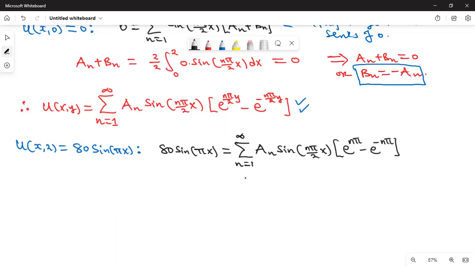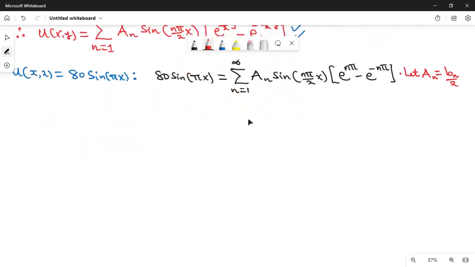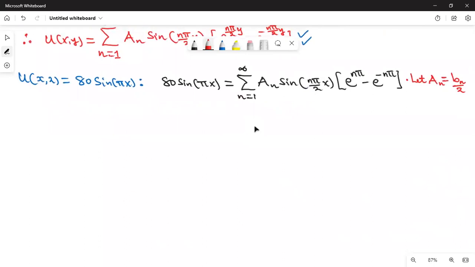And you see, this thing can also be written as, let a subscript n be equal to the small bn over 2, so that I can now write this as the sum from n equals 1 to infinity.